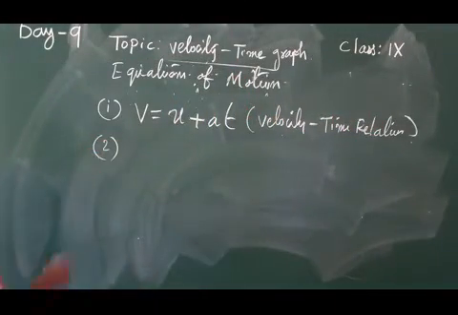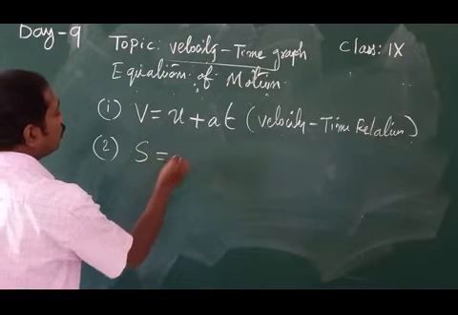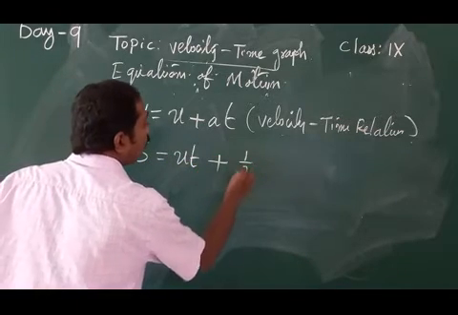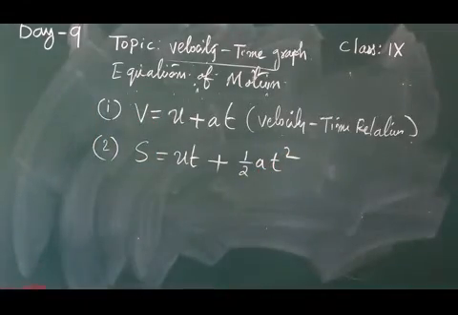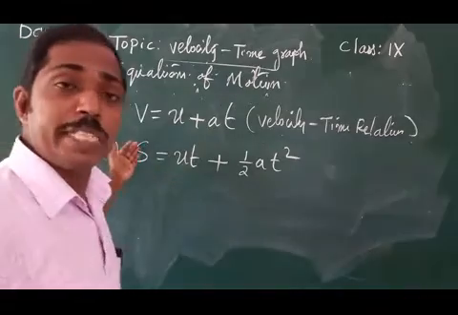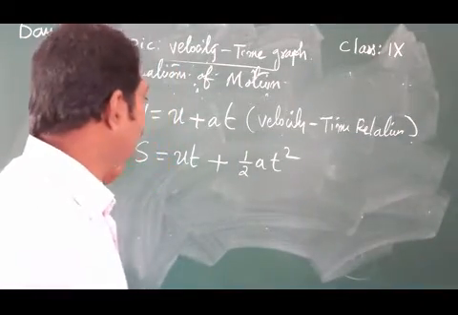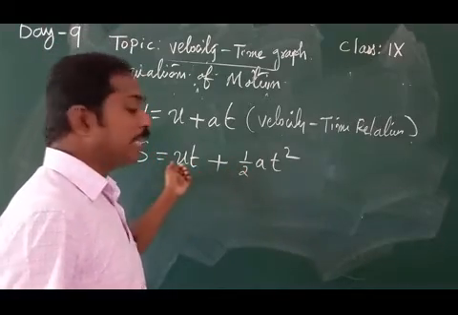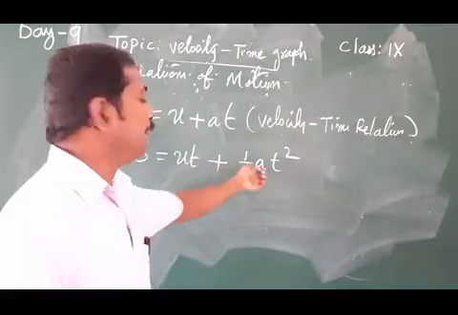Second one, s equal to ut plus half a t square. Here the left hand side of the equation is position, distance travelled. Then on the right hand side, time is a main factor.